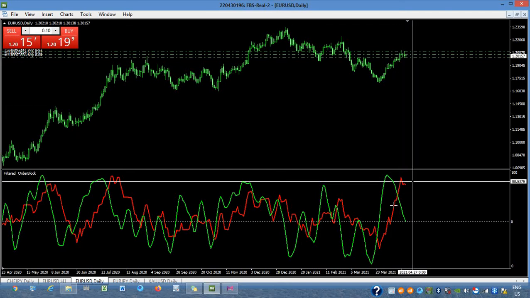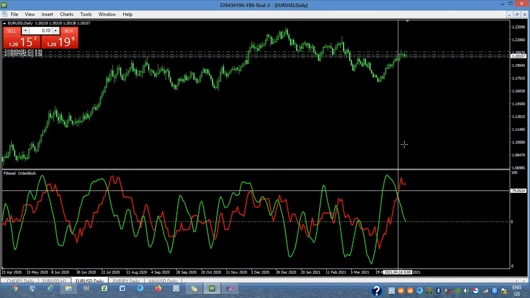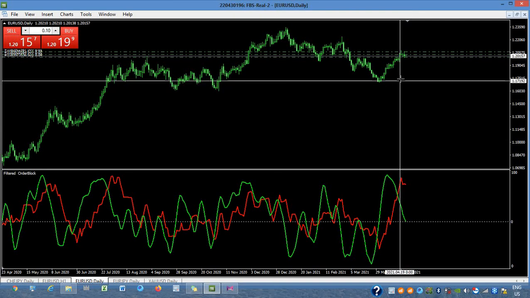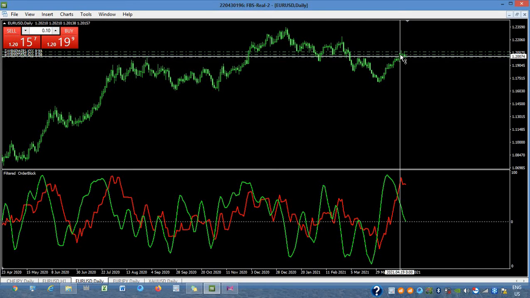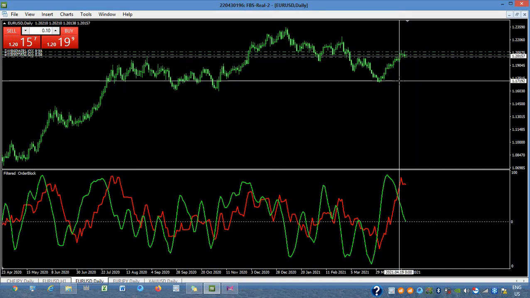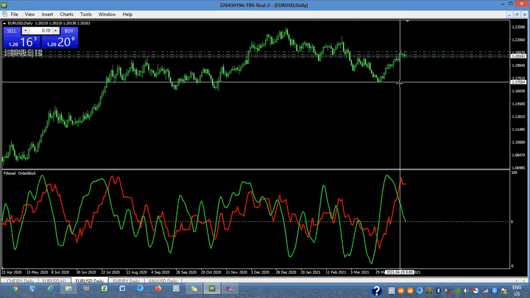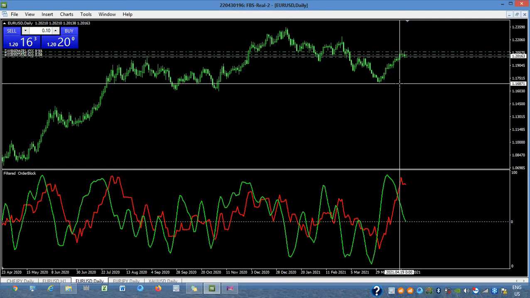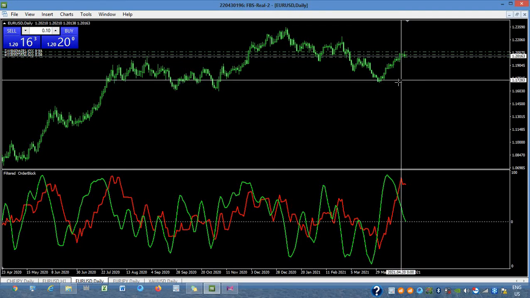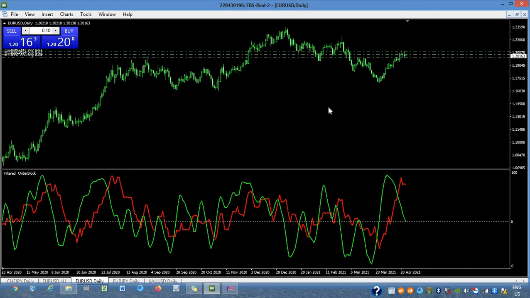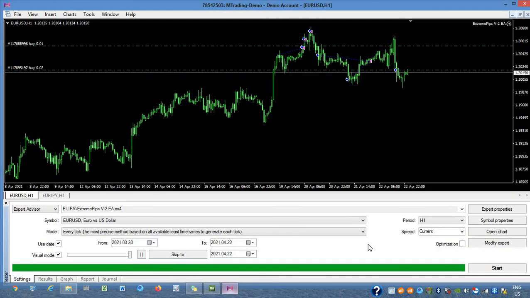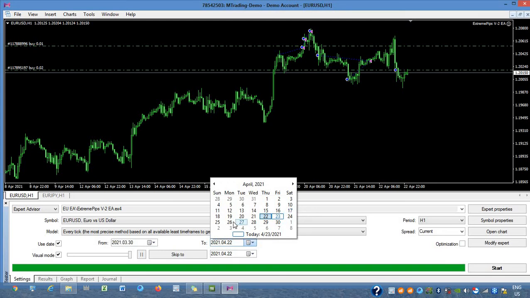Actually, the order block tells you in advance, so we have to make it late by 1 day, here on this big bullish candle. So what is the date? April 19, or April 20, so it will stop on April 19.